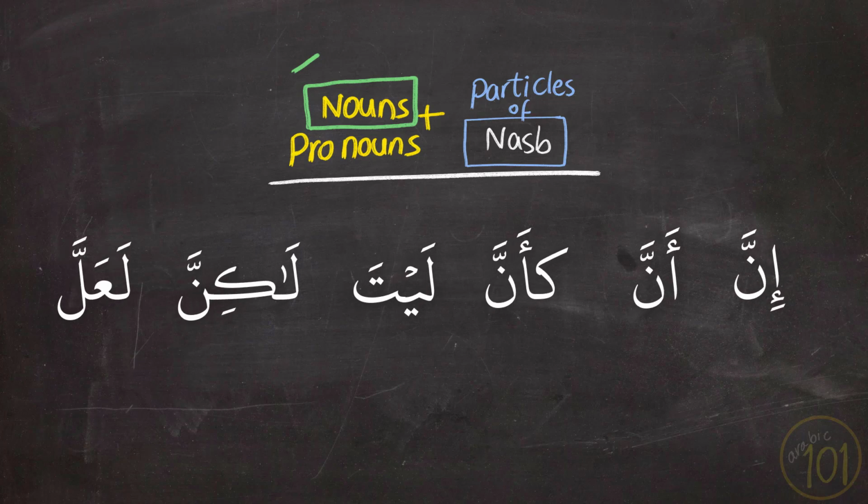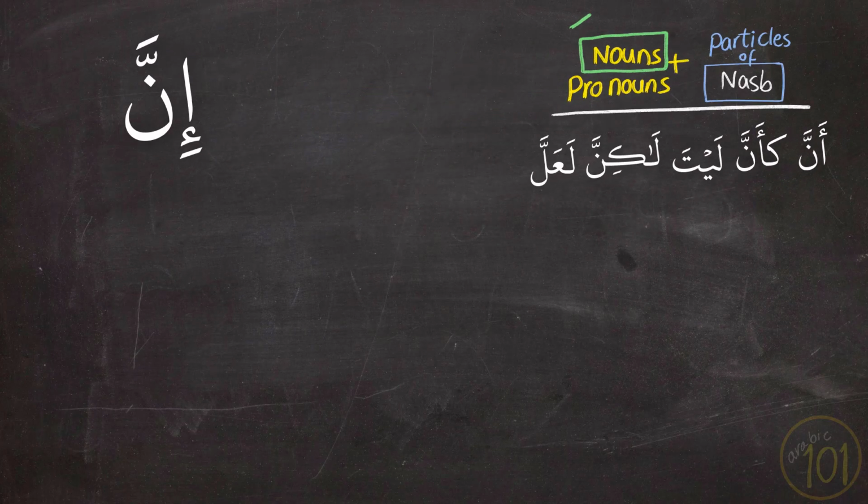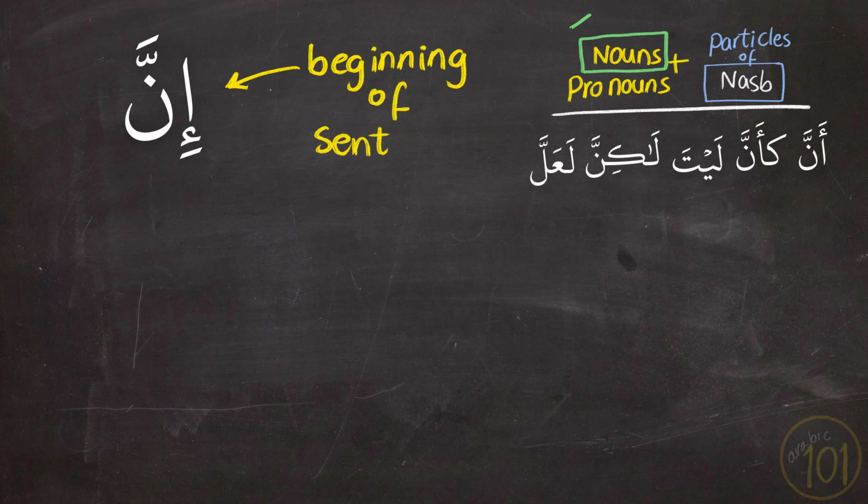So let's begin with the first one of these nasb particles, which is inna. The word inna with a kasra under the hamza can only be used at the beginning of sentences. And when that happens, it adds emphasis to the meaning of the entire sentence.